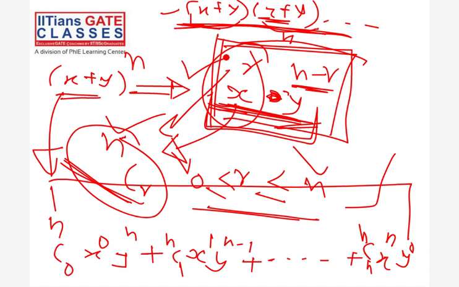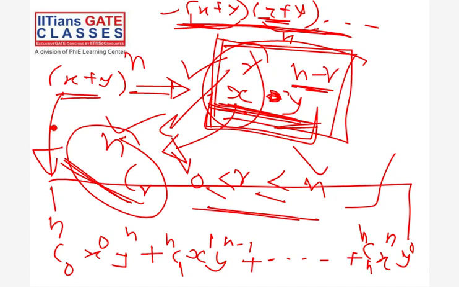Now we are interested in how many ways are possible such that r x's are selected and n minus r y's are selected.